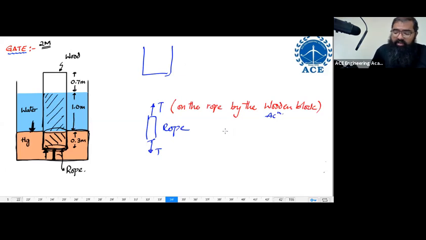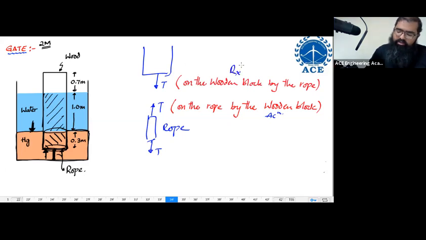If action has been done, there has to be a reaction. What is a reaction? Equal and opposite on the other body. So the other body is this wooden block. You are going to have a force on the wooden block by the rope. Call this the reaction.